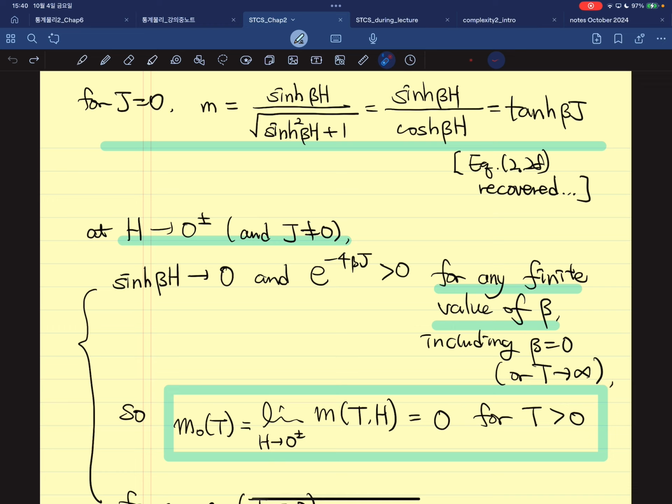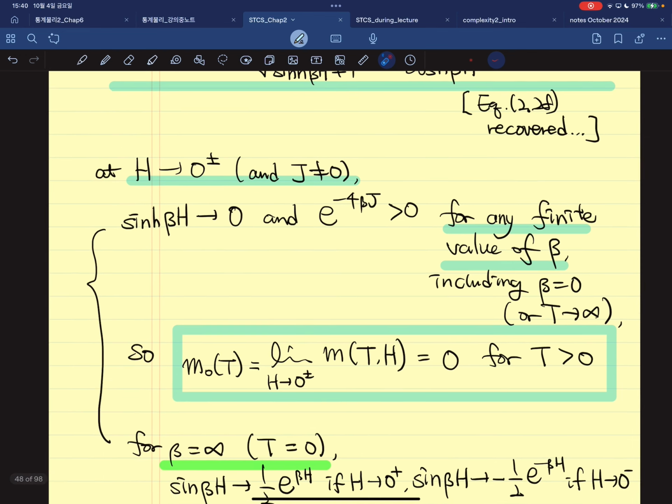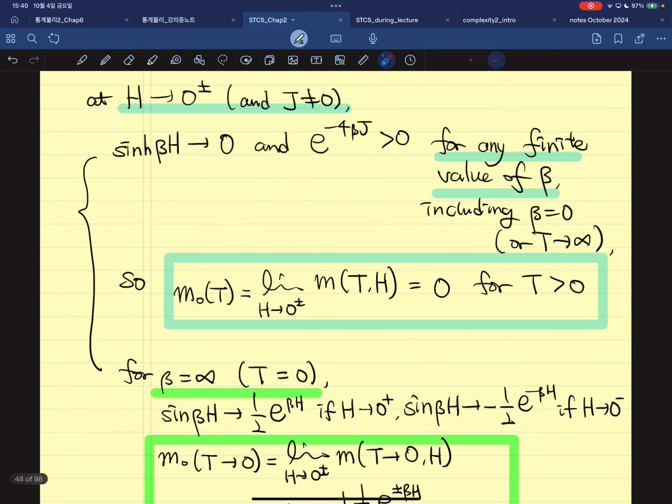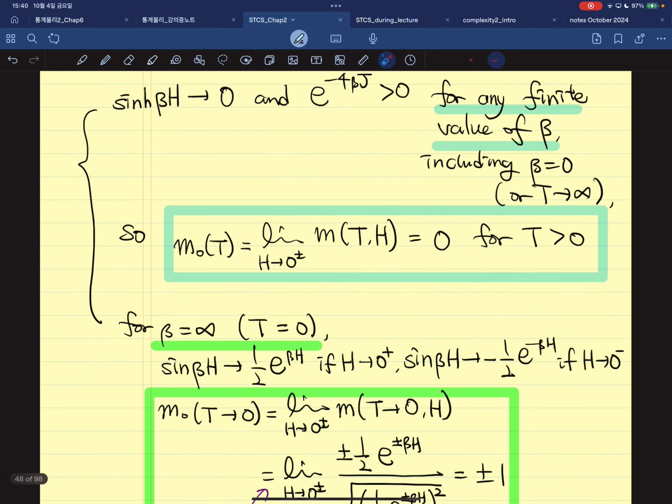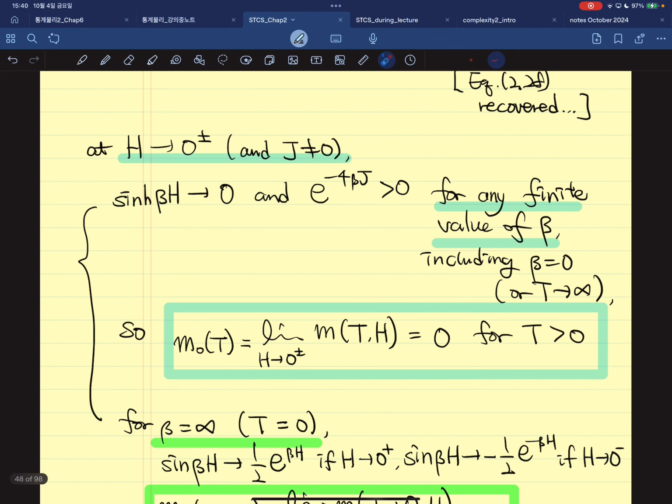And when J becomes zero, of course, we will rediscover this hyperbolic tangent thing. And for H goes to zero, we will have zero magnetization for any finite temperature.